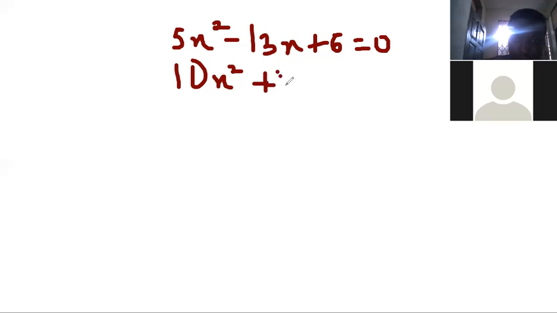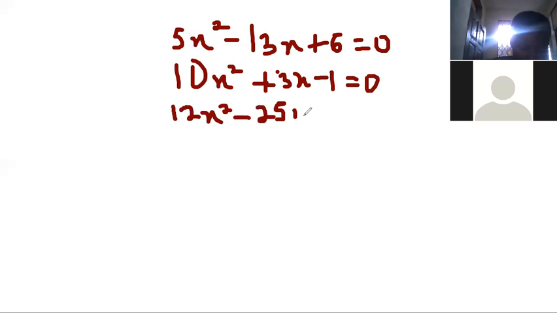Getting the roots, the x values you get, we call them roots. You can also do 12x squared minus 25x plus 12 is equal to 0. You do it and send it to me.